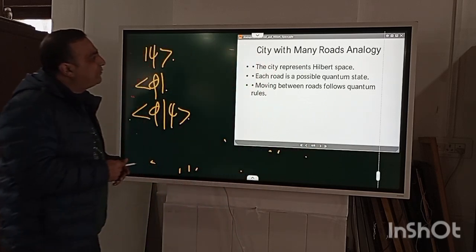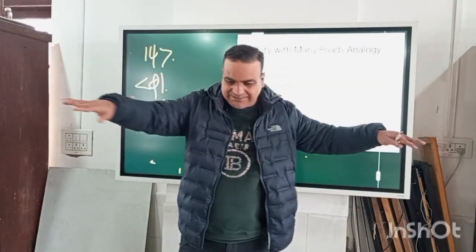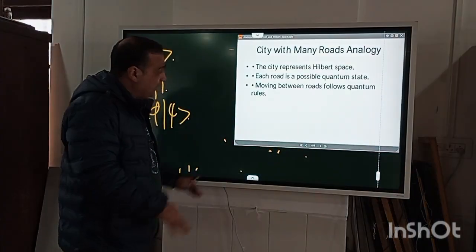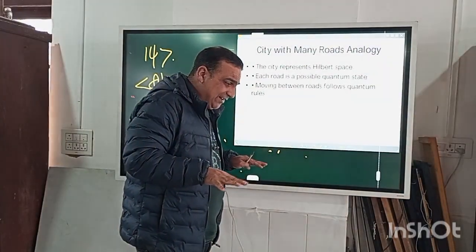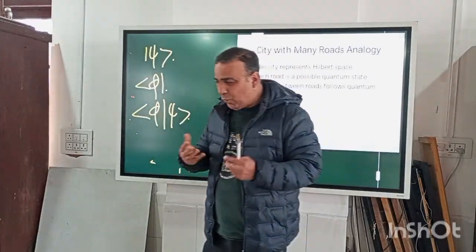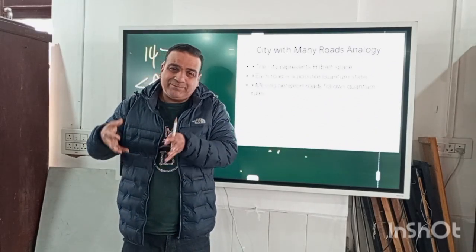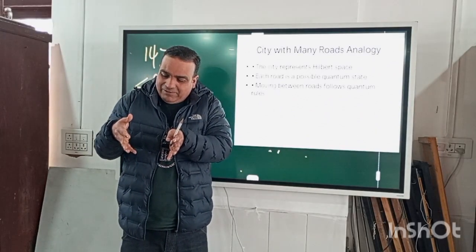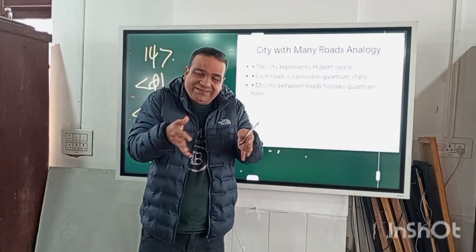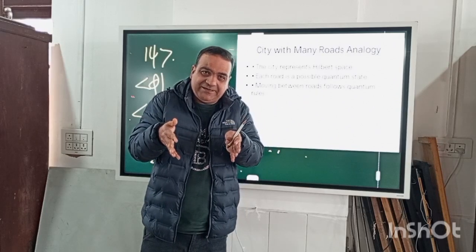Let's think about a city with many roads. We have a city filled with roads, and this whole city will represent what's called a Hilbert space. Now, what is a Hilbert space? It is basically a mathematical abstract thing which has an infinite set of vectors, infinite dimensions of vectors in it.